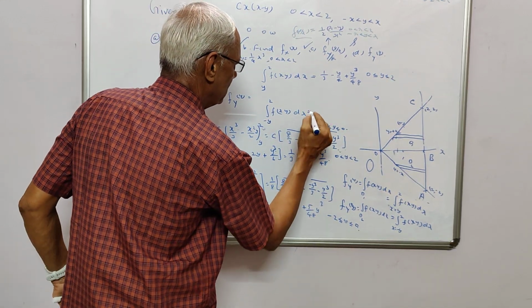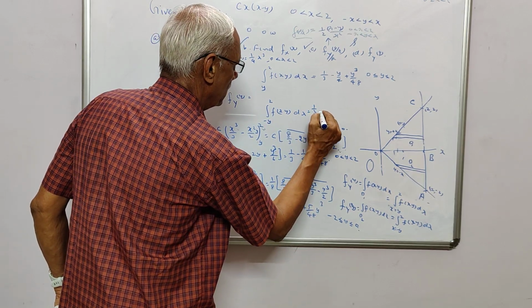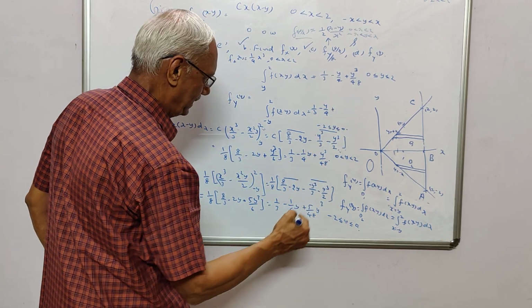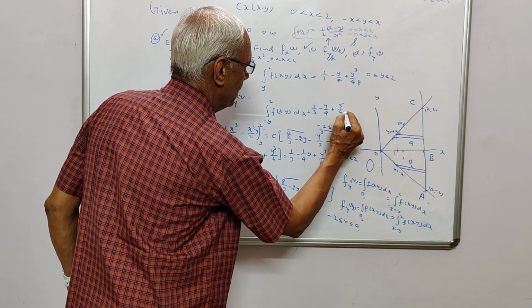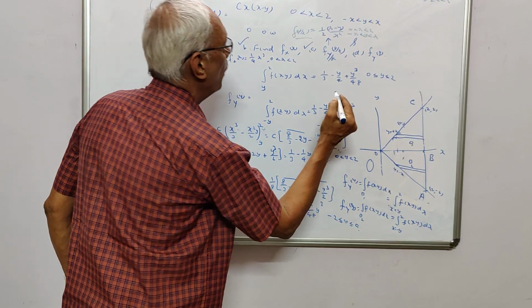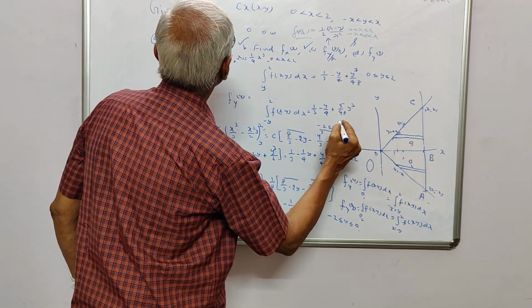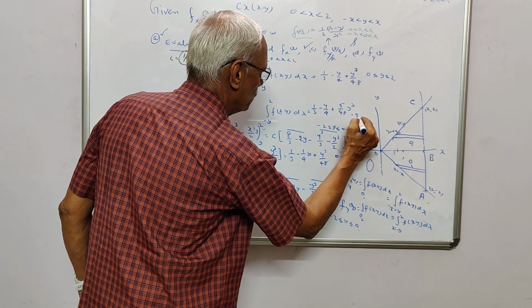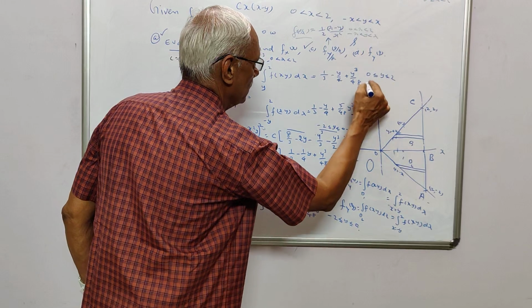And for the other, it is 1 by 3 minus 1 by 4 y plus 5 by 48 of y cubed in the interval minus 2 less than or equal to y less than or equal to 0.